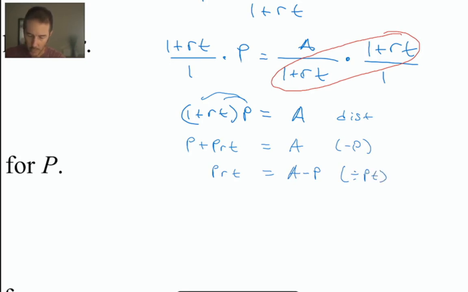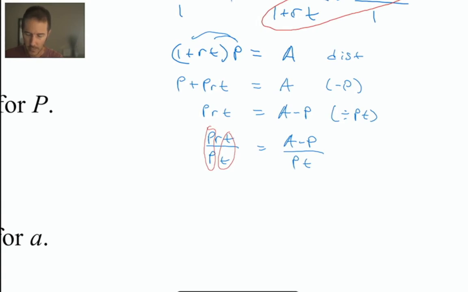And if you want, you could write it like this. PRT over PT equals A minus P over PT. That's what it looks like to do to the left side what you are also doing to the right-hand side. The advantage is that it allows this P to cancel out and this T to cancel out, so that on the left-hand side of the equation, the only thing you have is that lowercase r that we're interested in.